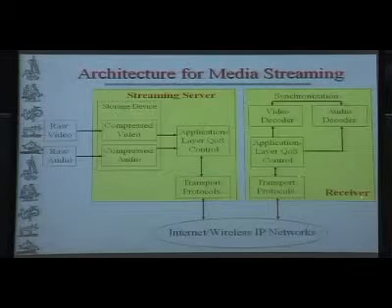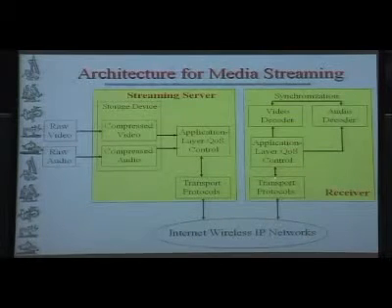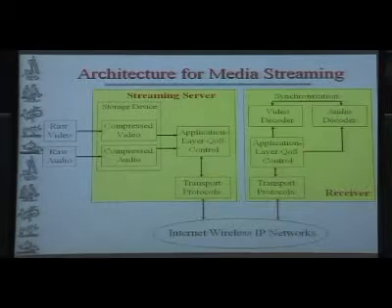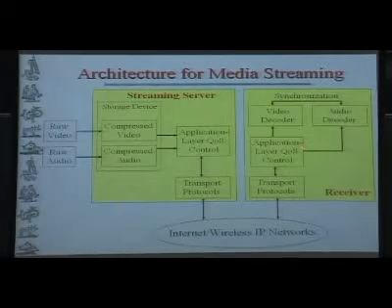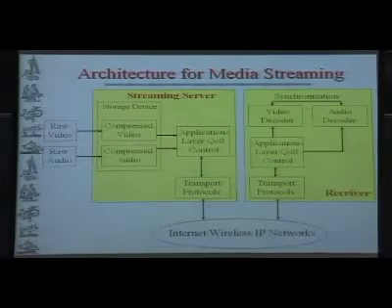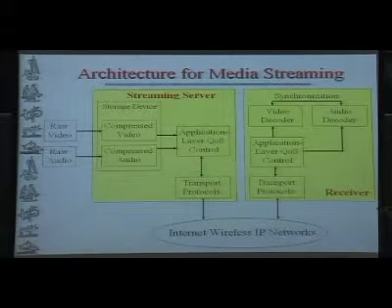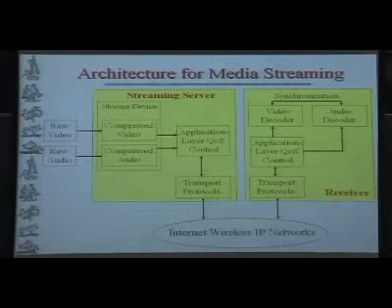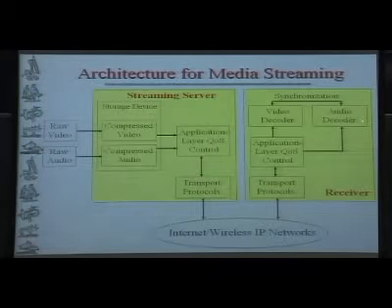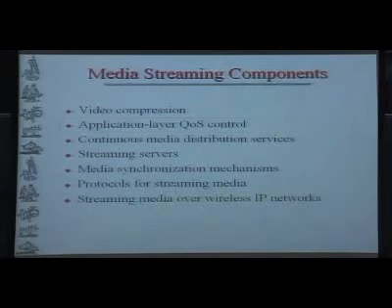At the receiver, you have the transport decoder, and then you have the application layer QoS control, which might do concealment and all this error detection and correction. Then it has the video decoder and audio decoder right here, with synchronization and playback.